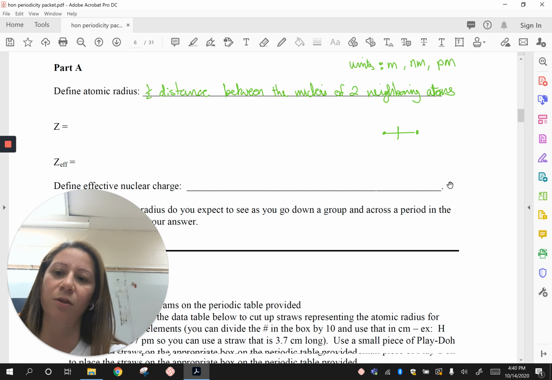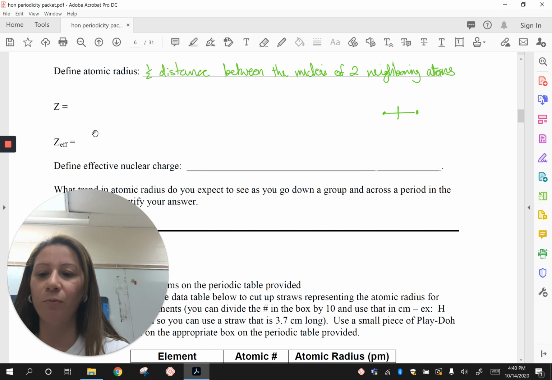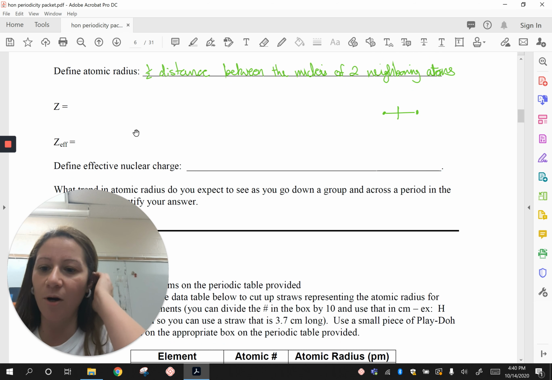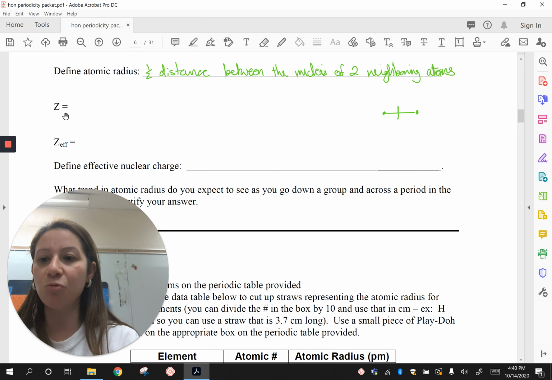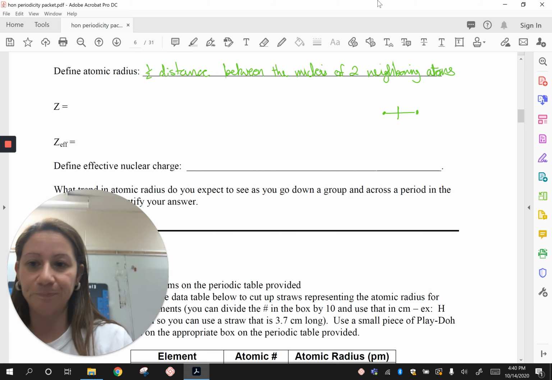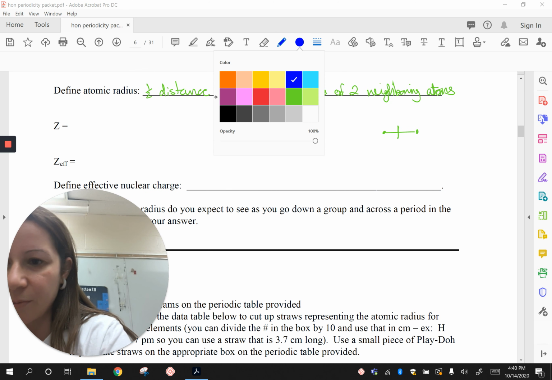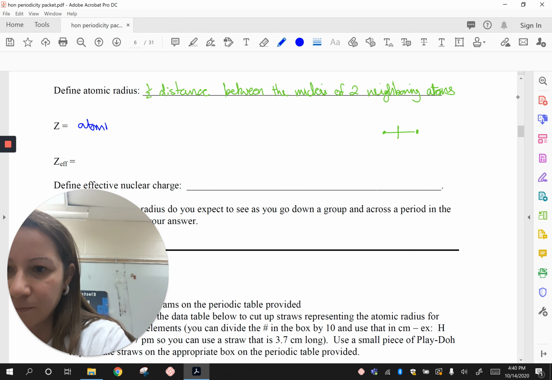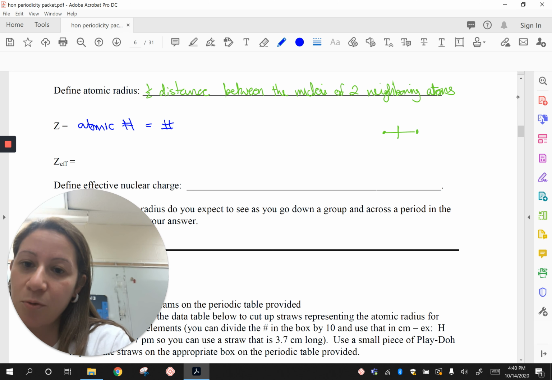Okay, our other property that we're going to be talking about is effective nuclear charge. Let's first start with nuclear charge. If you remember when we started talking about subatomic particles and atomic number, Z represented our atomic number, which also represents the number of protons.